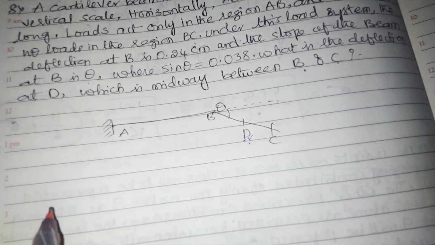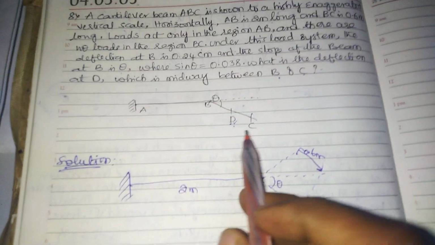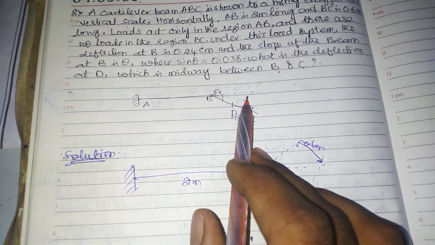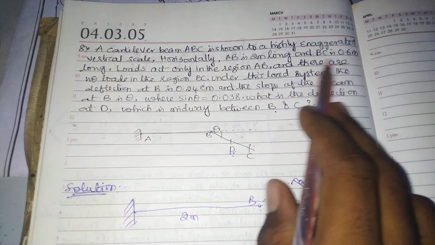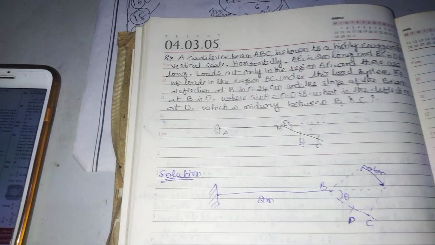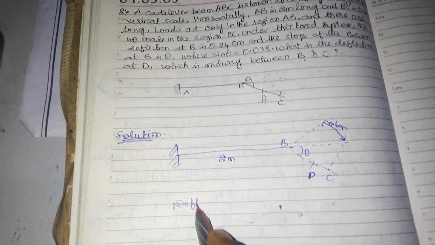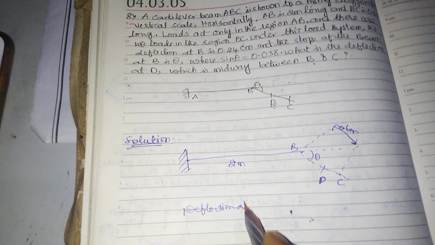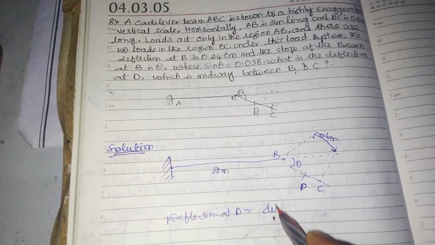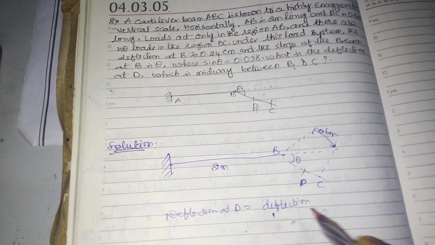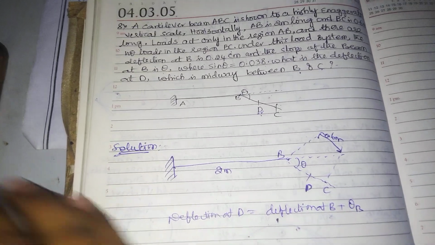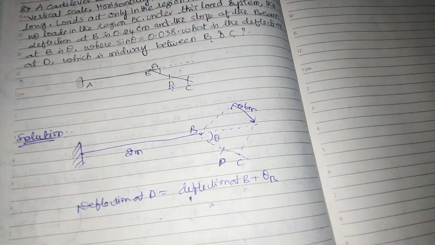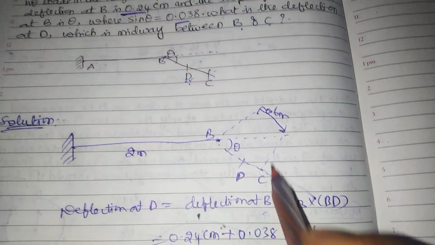Then the solution is, they have given already BC is 0.6. So deflection at D equals deflection at B plus theta times the distance. So we have to calculate the deflection at D, right?